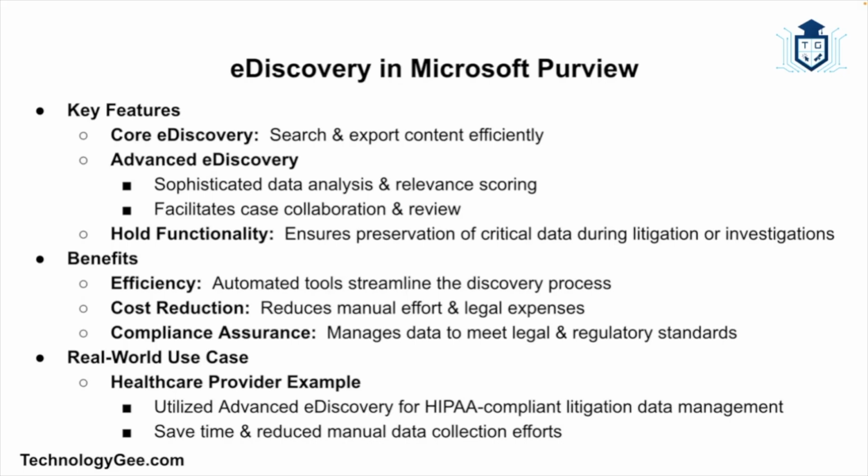Then there's the hold functionality, which ensures critical data is preserved during litigation or investigations. Some of the benefits are as follows. There is efficiency, so you can streamline the legal discovery process with automated tools. There's cost reduction, where you can minimize manual effort and reduce legal costs. And there's compliance assurance, where you can preserve and manage data to meet legal and regulatory obligations.